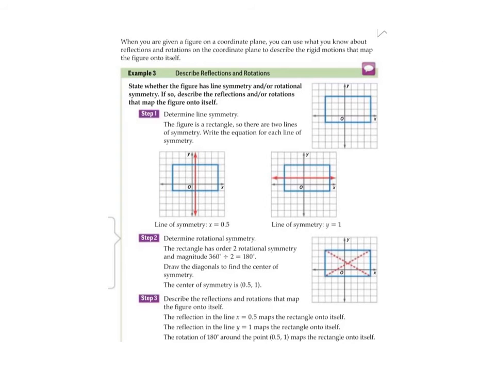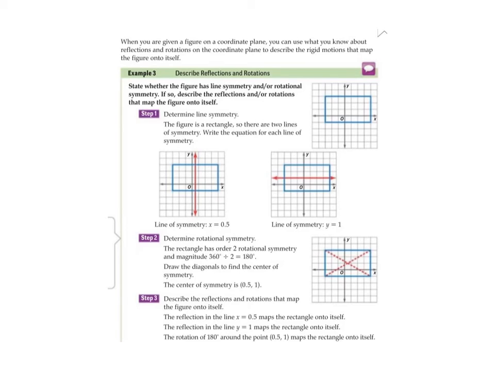Now we're looking at reflections and rotations this time in example 3. First and foremost, we've got a rectangle. Has it got line symmetry and or rotational? We know that it's got line symmetry. The best thing to do when it's on a coordinate graph like that is to find out where the center of it is first. So I would actually do step 2 first. I'd do the diagonals first, and that will give you the center.